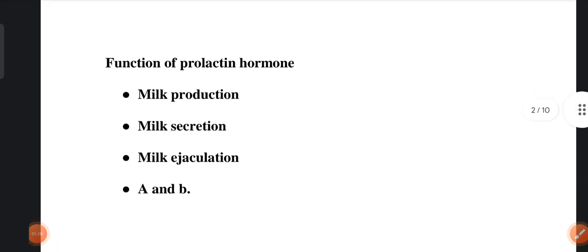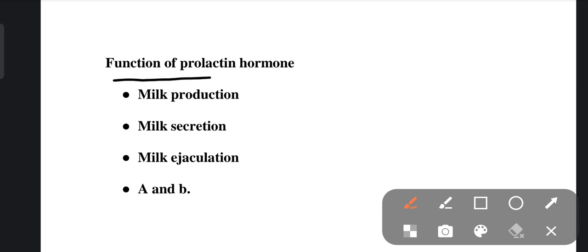So the next one is the function of prolactin hormone. In the female, after the birth of the baby, prolactin hormone will be released. So what is the function of prolactin hormone?